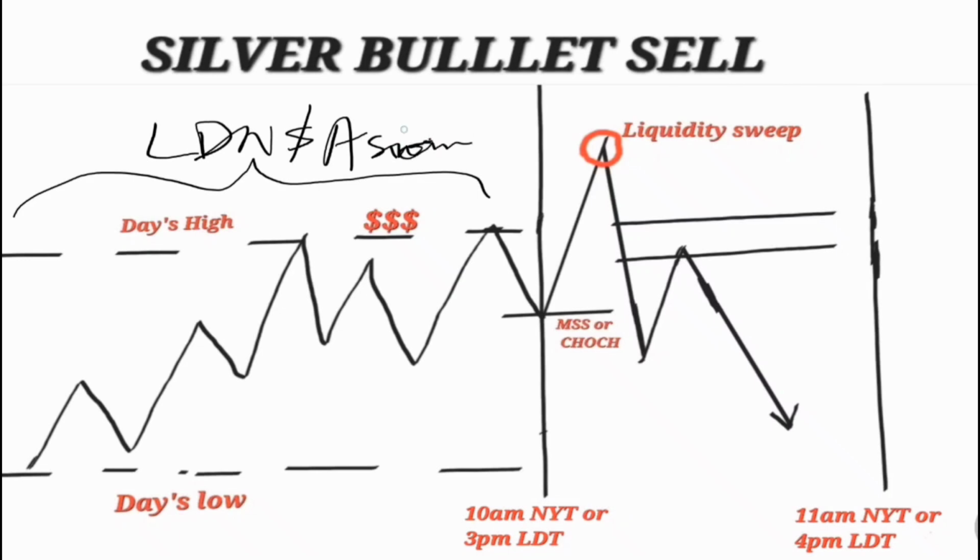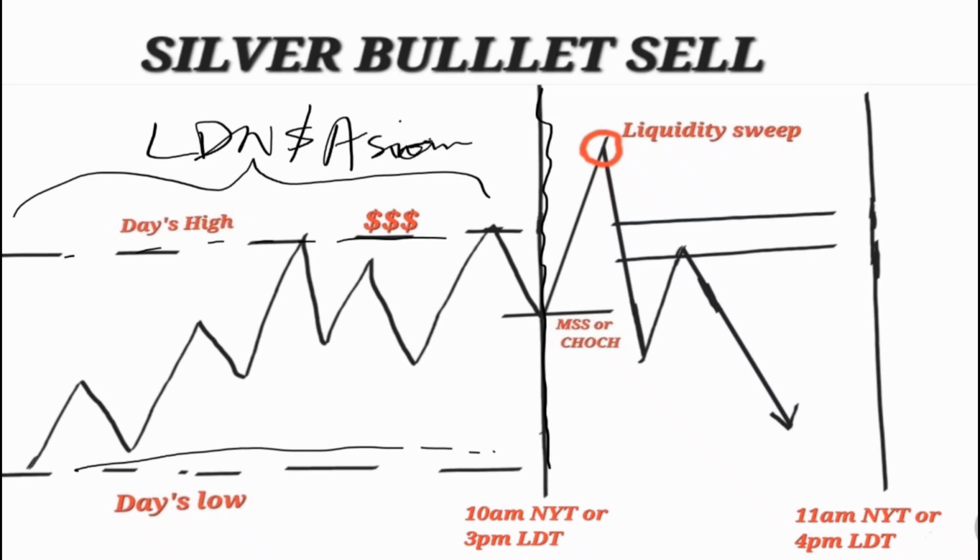This is a combination, so you want to identify the day's high and the day's low for the combination of the Asian and the London session. You just draw a line, and this line is at 10 a.m. New York time. I'm going to show you a particular indicator you're going to use to help you draw this line.